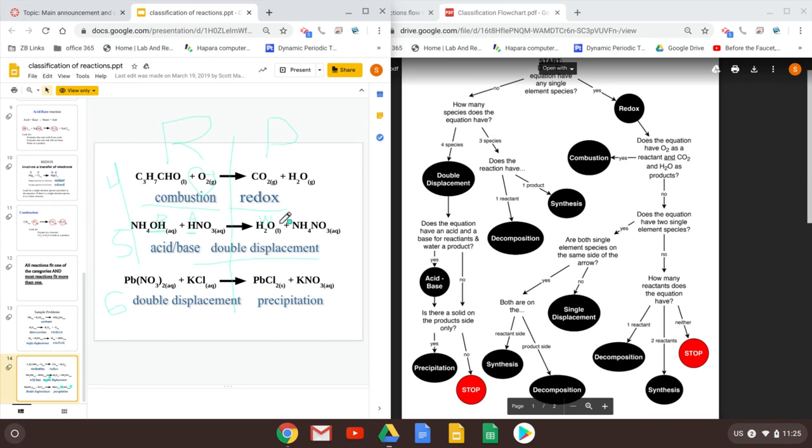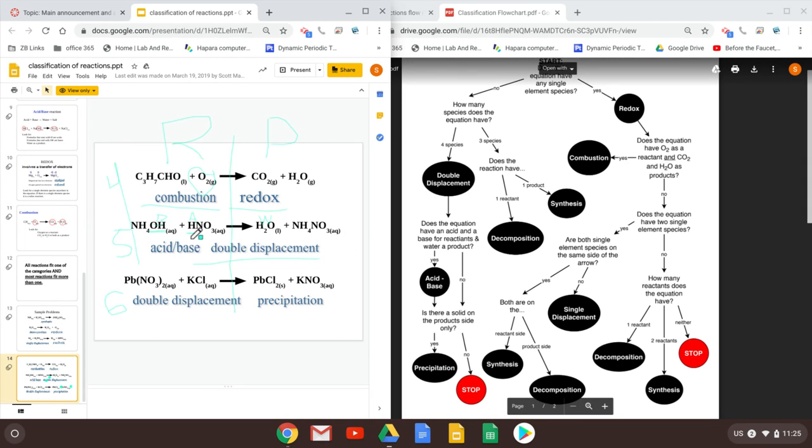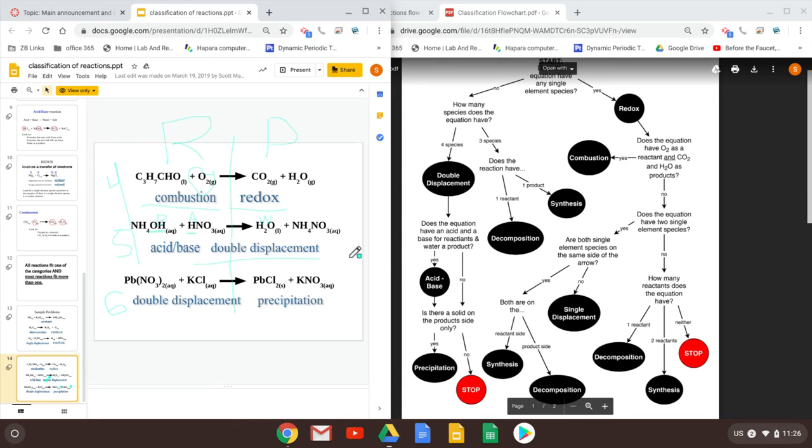All right, and so if we have those things, it would be acid base. So the answer to that question would be yes. And then we have to ask, is there a solid on the product side only? If we look at the states of matter, I see L, which is for liquid, and I see AQ, which is aqueous. No solids, meaning the answer is no, and we stop at the red stop sign.